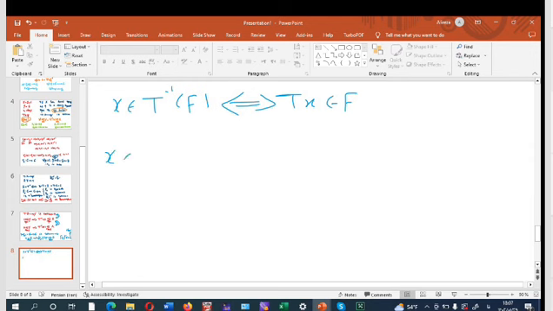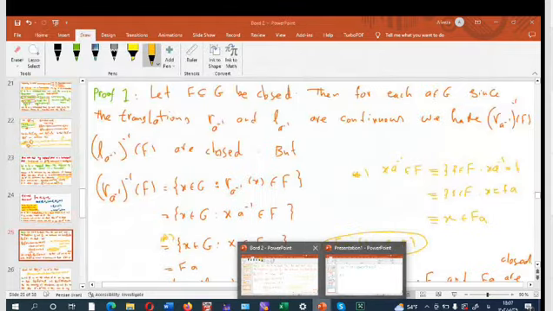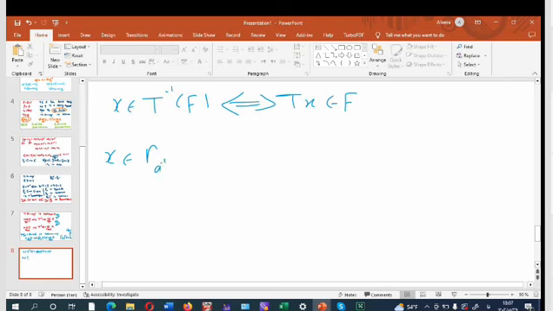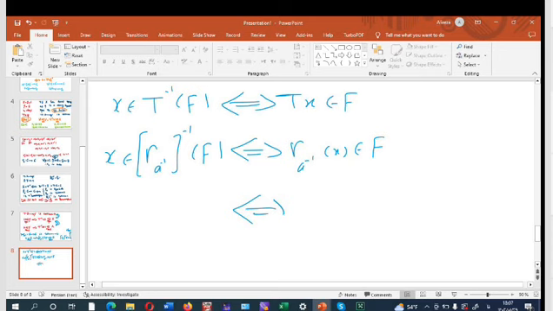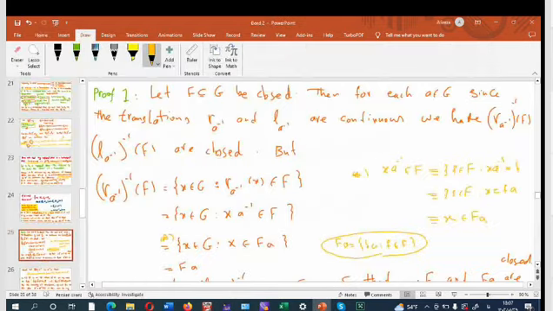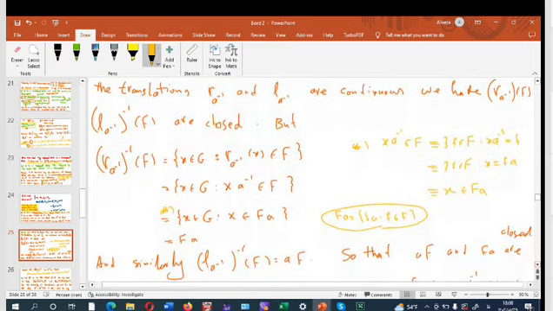So that x belongs to, for example, this R_a inverse, if and only if R_a of x belongs to F, and this holds if and only if xa belongs to F. We write this for u, this belongs to F, and this set equals the set of all x such that x belongs to Fa. We prove this for you in a star.